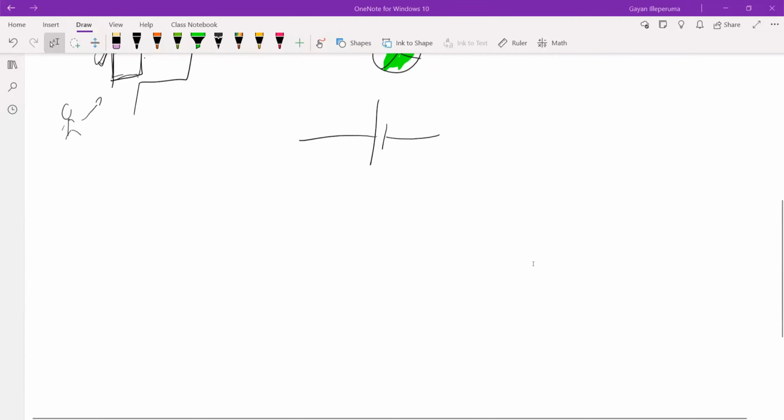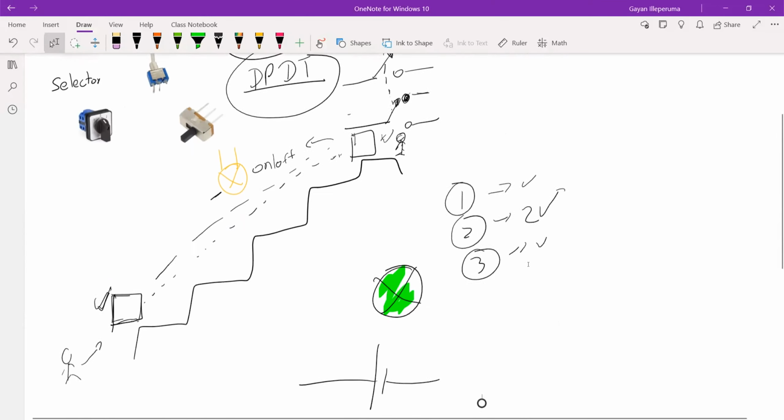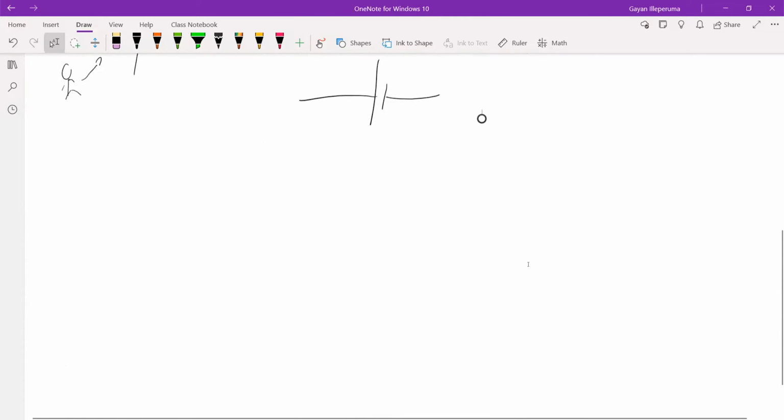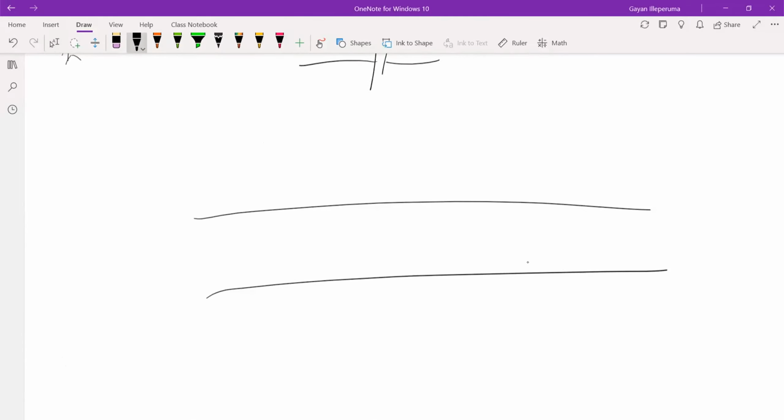So here's the extended version as your homework. Now this one has only 2 switches, right? Let's say you have a long corridor. In the middle you have a bulb. But now you want to have, let's say, 4 switches.